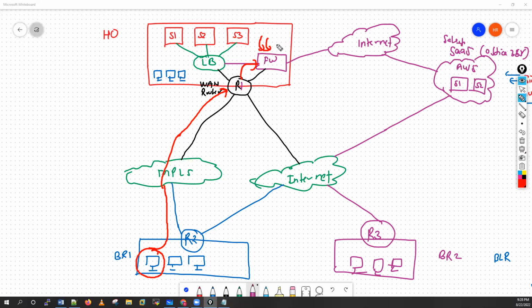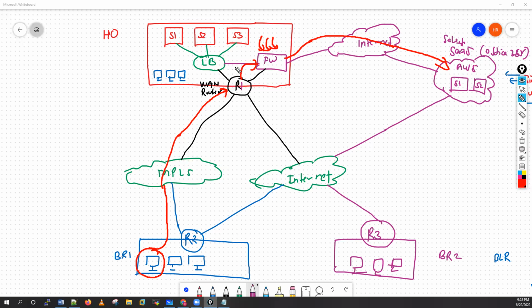Now your firewall will apply inspection for threats and malware, right? And after that your firewall will forward the traffic towards the servers which are hosted on the cloud, right?